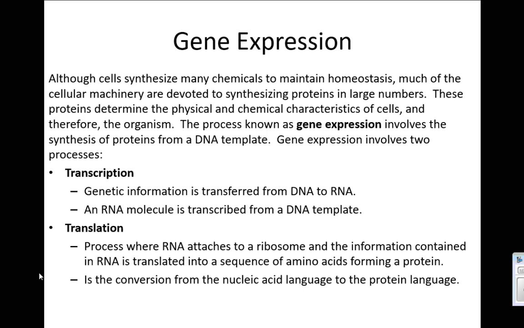Although cells synthesize many chemicals to maintain homeostasis, much of our cellular machinery is devoted to synthesizing proteins in large numbers, which we know proteins can be thought of as responsible for most everything in our body, and therefore they determine physical and chemical characteristics of cells, therefore us as the organism. It begins with transcription, which is where we take DNA and make RNA.